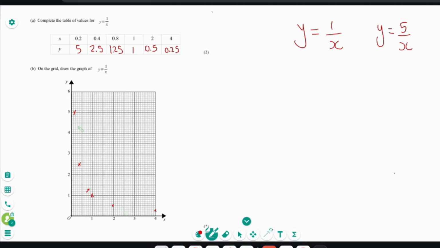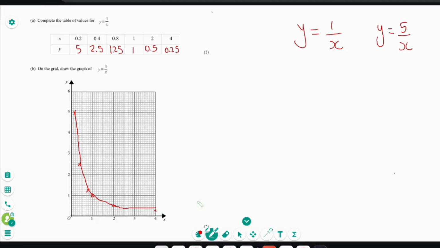So what happens is the graph approaches the... let's just join it with a curve. I'm going to join it from this way, it's just going to be easier. It's a curved graph, the reciprocal graph. It approaches the y-axis and the x-axis, but it never touches it because x cannot be 0 and also y cannot be 0.